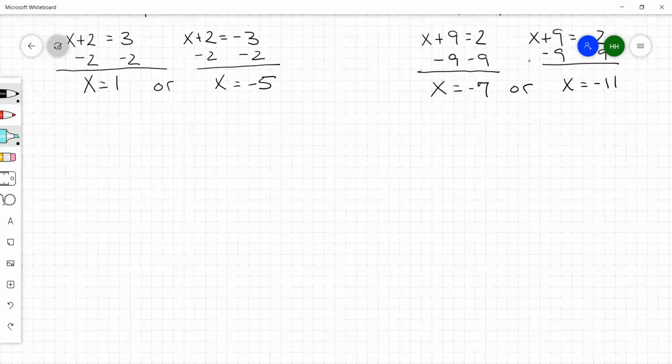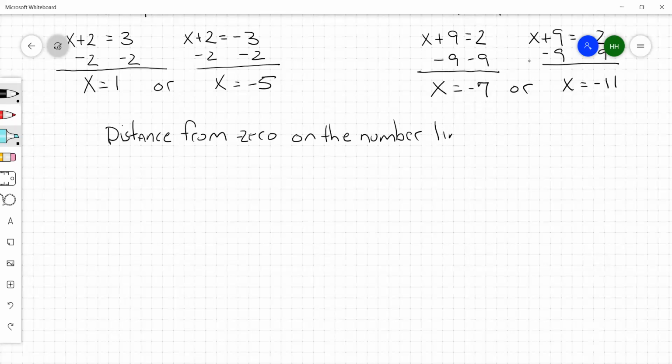All right, so let's write this down: the distance from 0 on the number line cannot be negative.